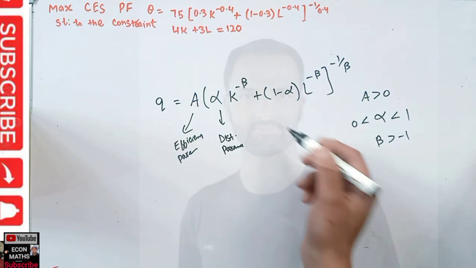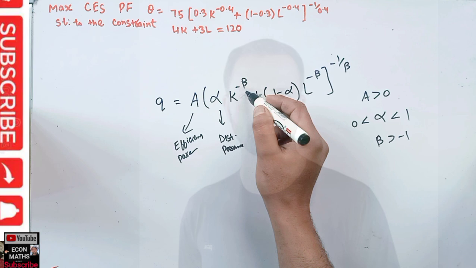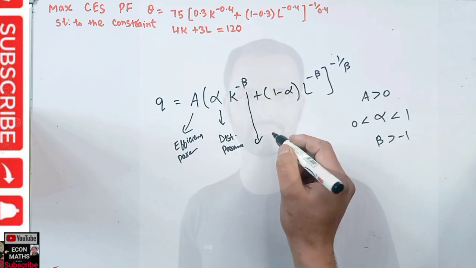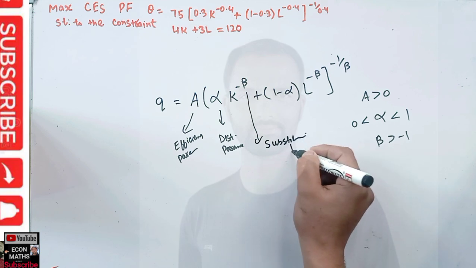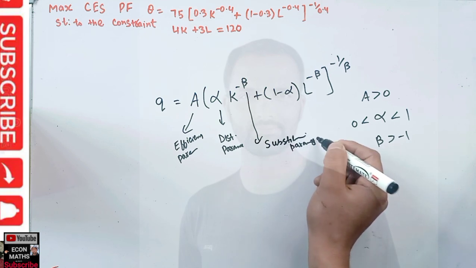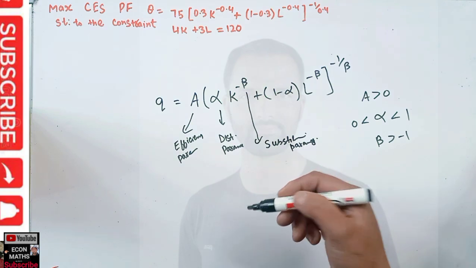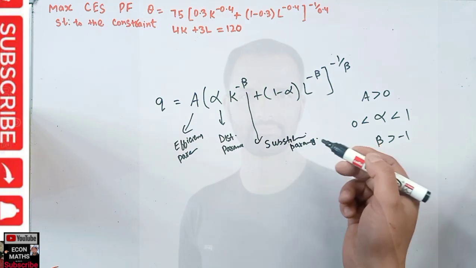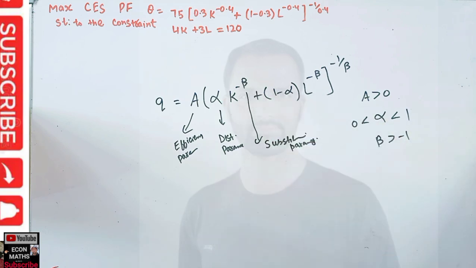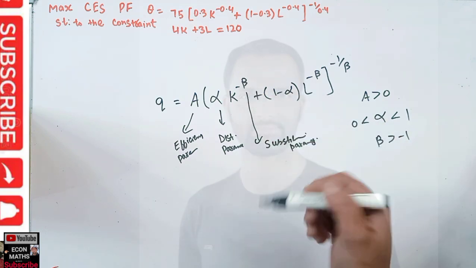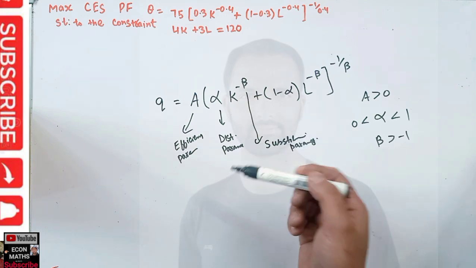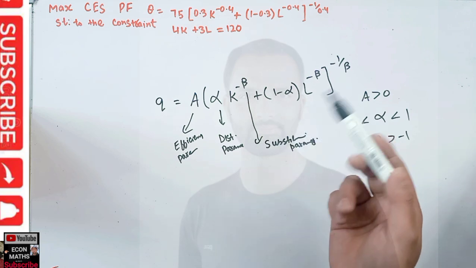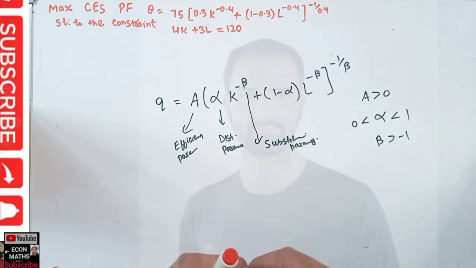Beta denotes the substitution parameter, and it is used in determining the value of the elasticity of substitution. I have made a video in full detail about the CES production function. You can find it in the info of this video, so I will not go into the details of the CES production function.